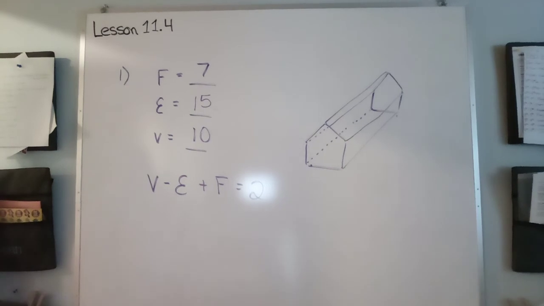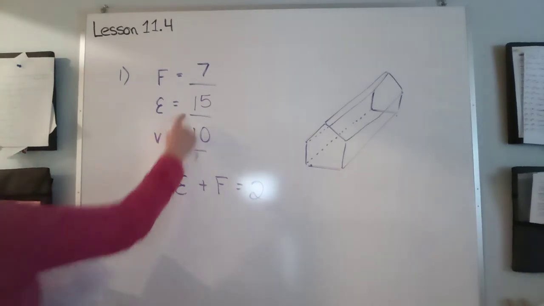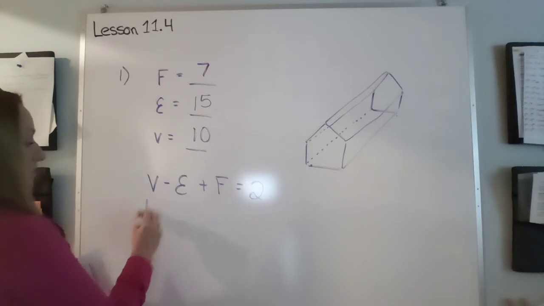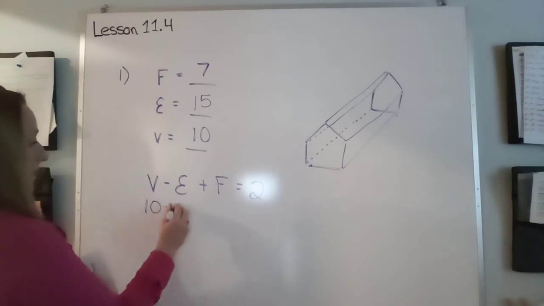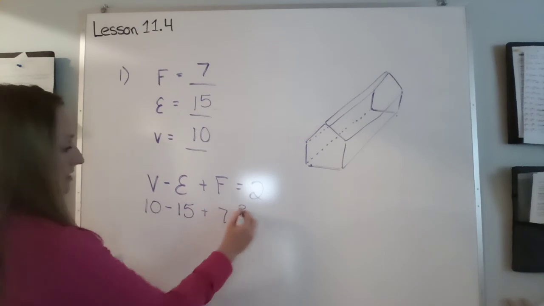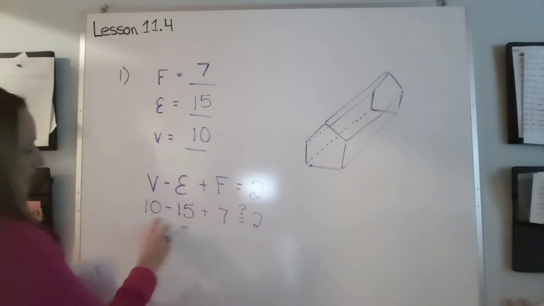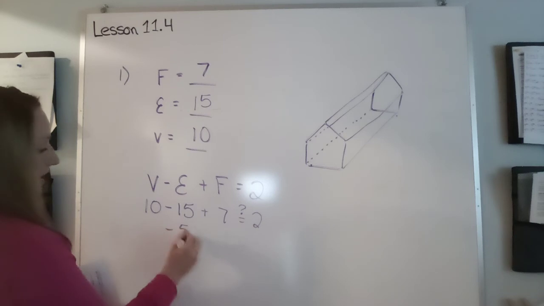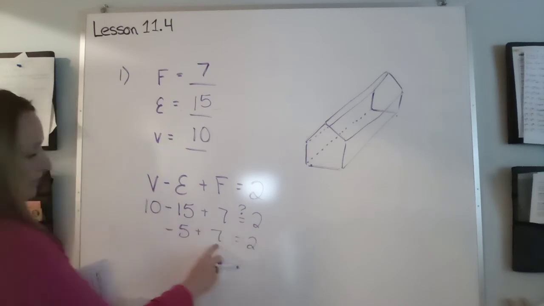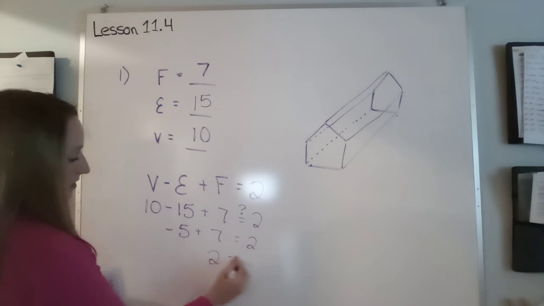To verify Euler's formula, all you're going to do is plug in these values and make sure that it works, that it's correct. So the vertices is 10 minus the 15 plus the 7. And we're going to check to see if that equals 2. So 10 minus 15 is negative 5. And then negative 5 plus 7 is 2.